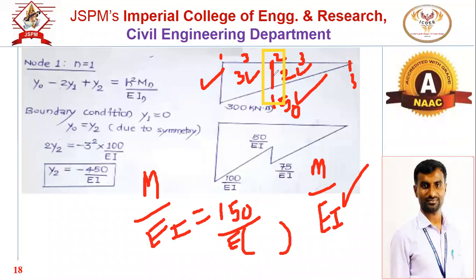So at the junction, the second node, what you have to do? Take the average cross section. So how to take the average? 3 plus 2 divided by 2. So it will become 5 by 2, that will be 2.5 EI, keeping the same bending moment.